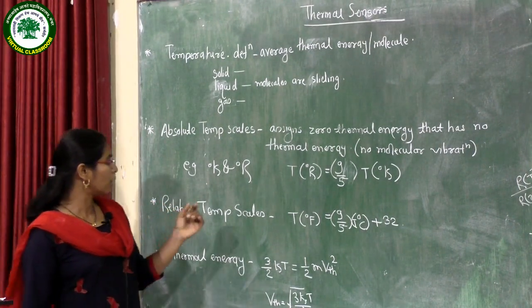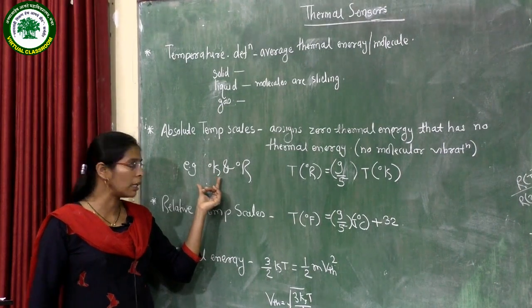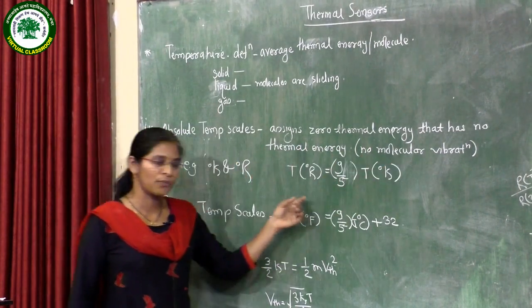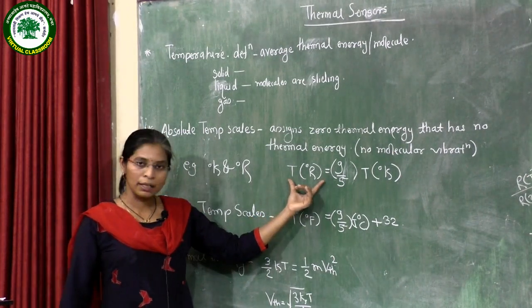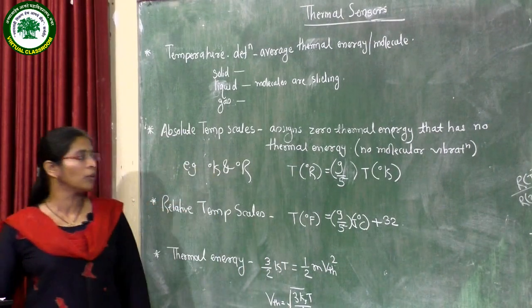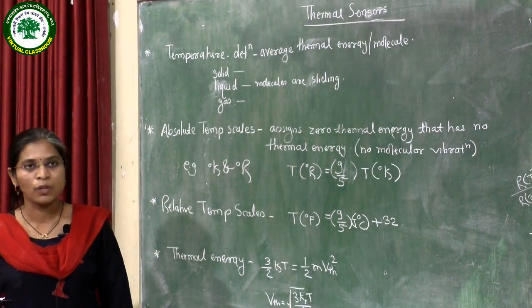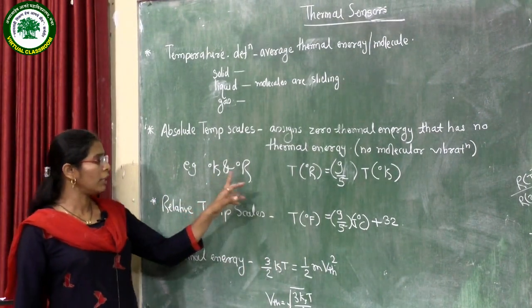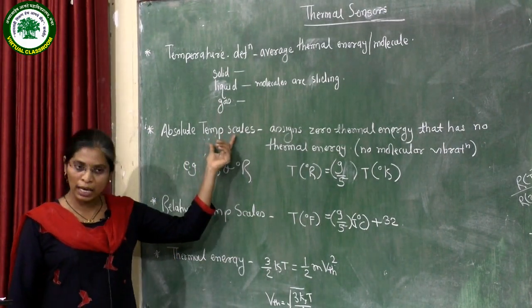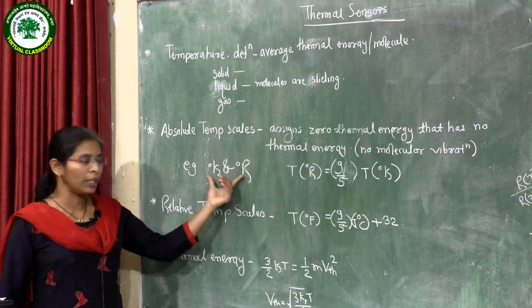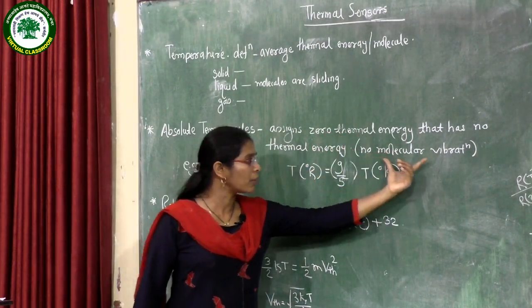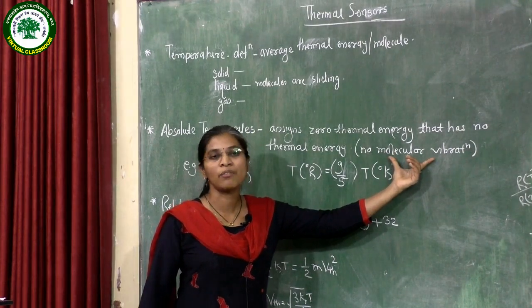For the same, we have taken the examples of degree Kelvin and degree Rankine, and they are related this way: degree Rankine equals 9/5 multiplied by the temperature in degree Kelvin. These 2, degree Kelvin and degree Rankine, are collectively called the absolute temperature scale, and these units have 0 thermal energy at which there is no molecular vibration.